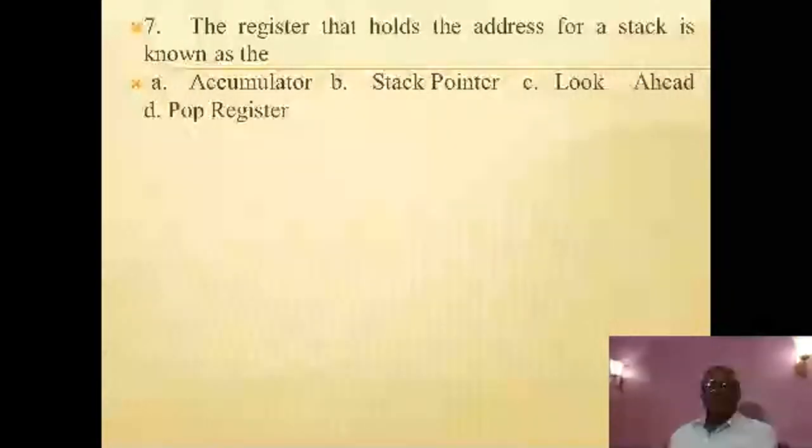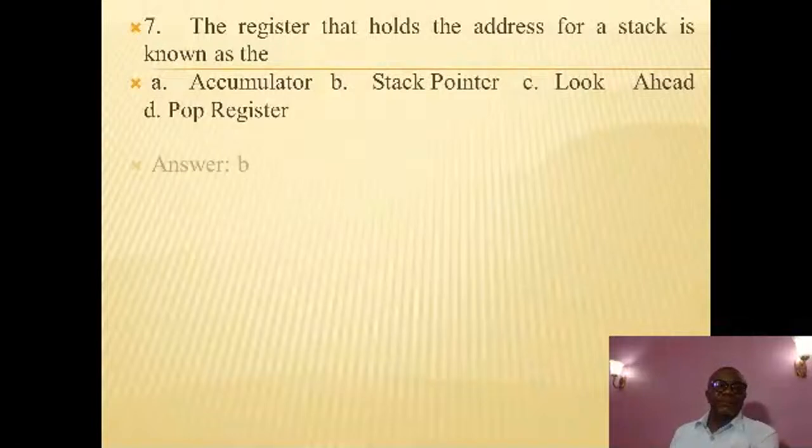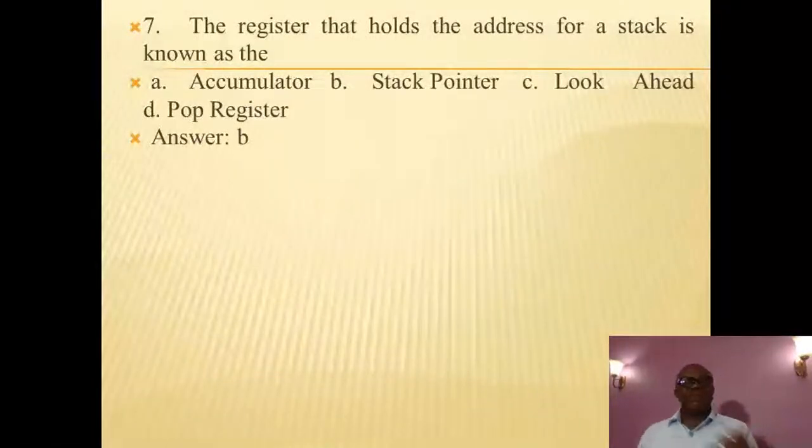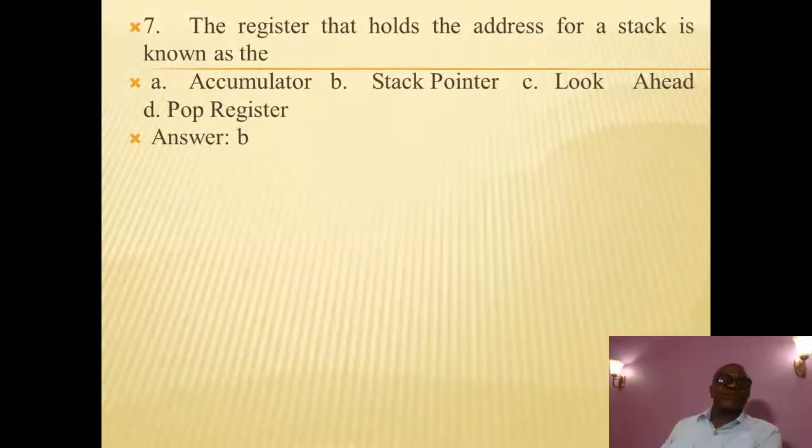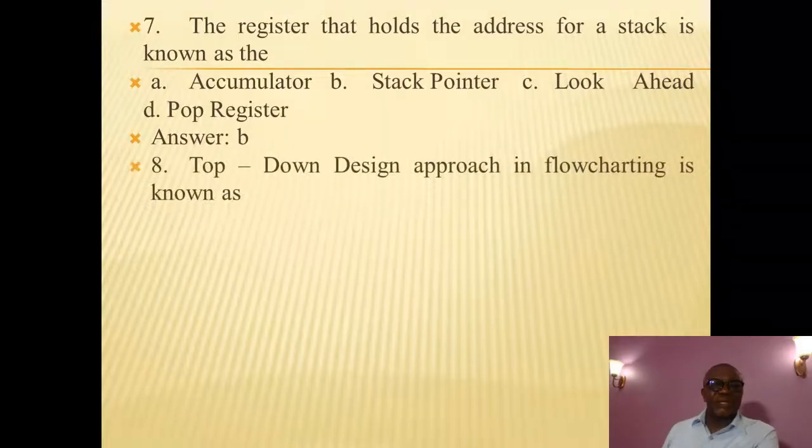So our answer becomes B, because the accumulator is not just a register, but where results are being accumulated. The other ones had nothing to do with registers.